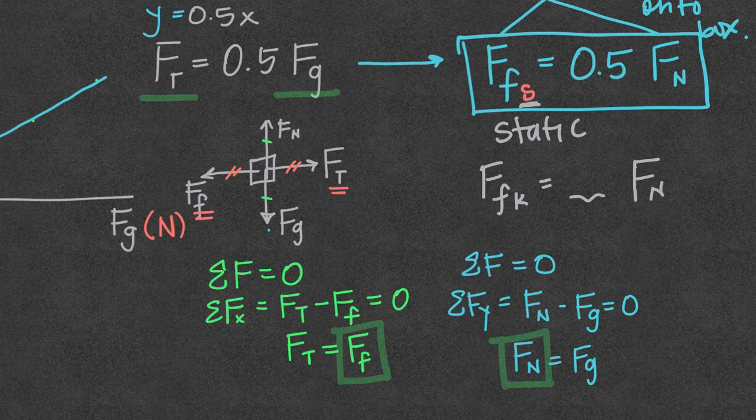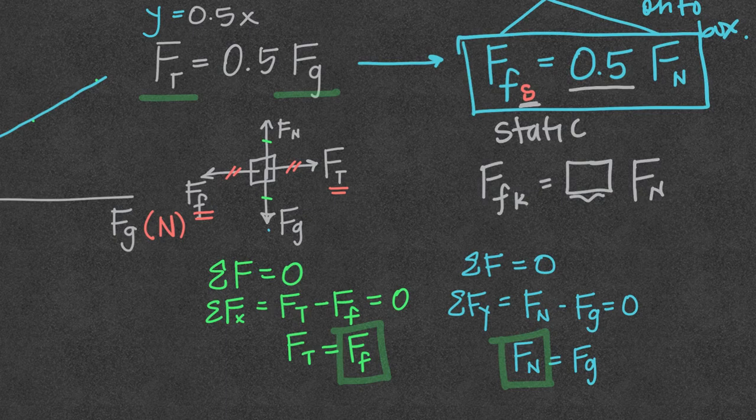If we go back and experiment again, but this time look for the force needed to just keep it going at a constant rate, we would find that there would be a different number, a different slope here. Now each one of these numbers is particular for the type of surface.